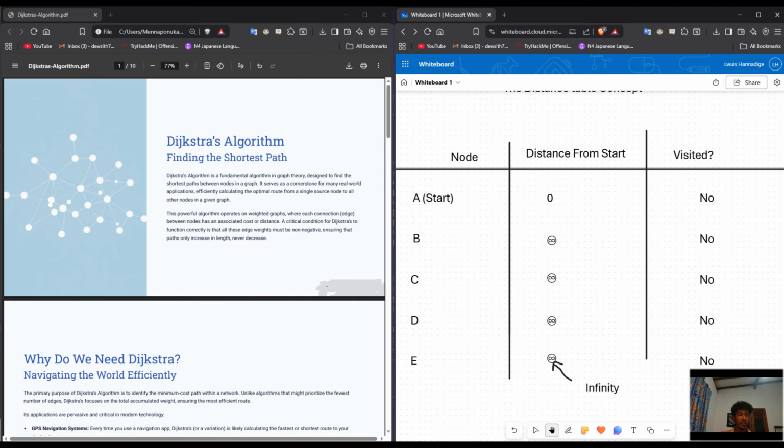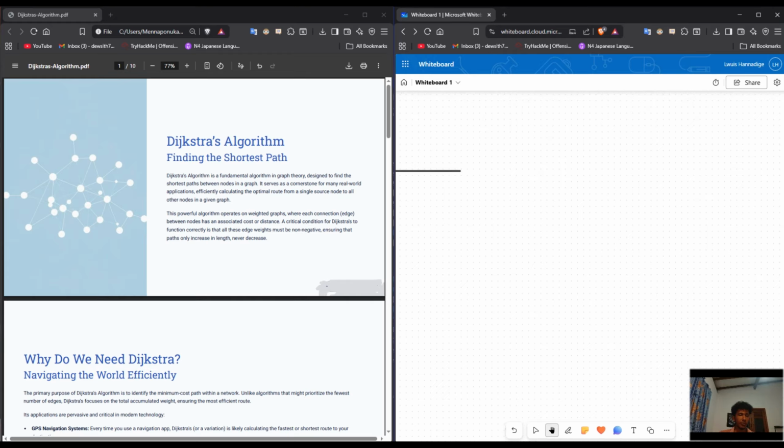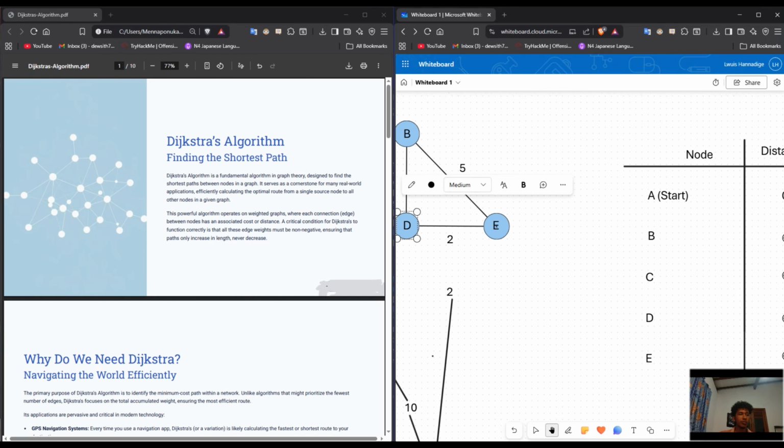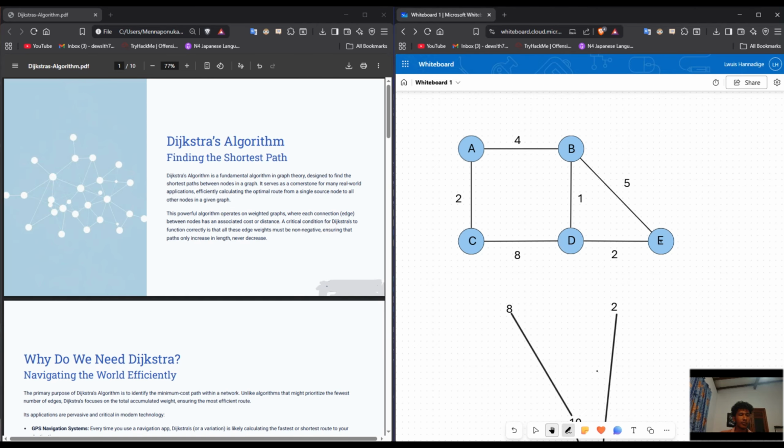I haven't visited the others yet, and these all are infinity because I haven't visited them yet. So the first process is A. A is the closest, at 0. So I mark it by drawing a cross so I can memorize that I visited it.